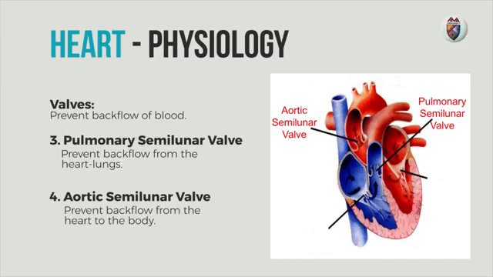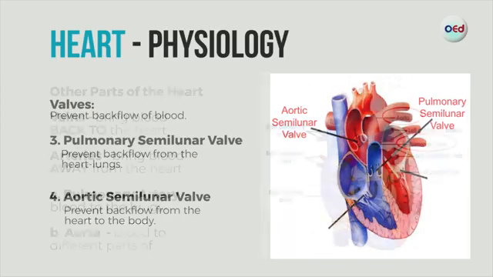This oxygenated blood then makes its way within the left atrium, ready to pass through the aortic semilunar valve. This valve prevents the backflow of blood between the left ventricle and other parts of the body. As this valve opens, it draws in blood ready to be transported to multiple parts of the body. And then it closes again, preventing backflow and preparing for the next heart contraction.